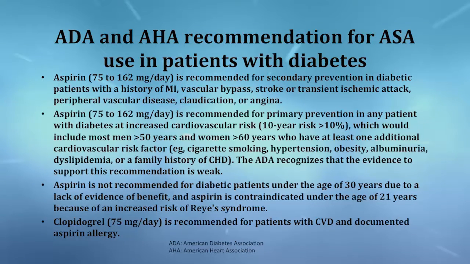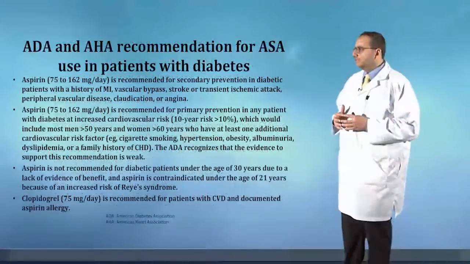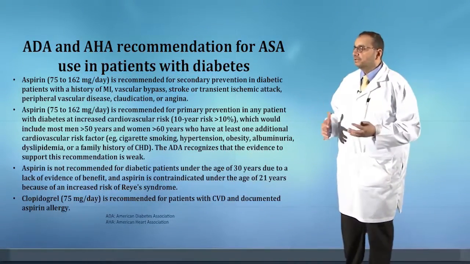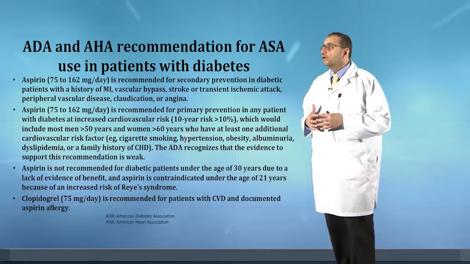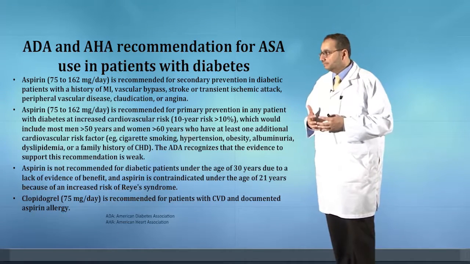Aspirin 75 milligram is recommended as primary prevention in any patient with diabetes with an increased cardiovascular risk, a 10 year risk of more than 10%, which would include most men aged more than 50 or women aged more than 60.